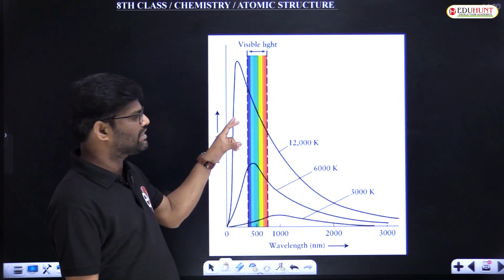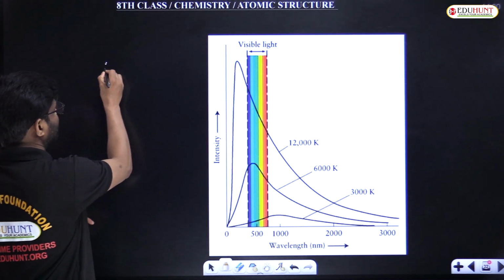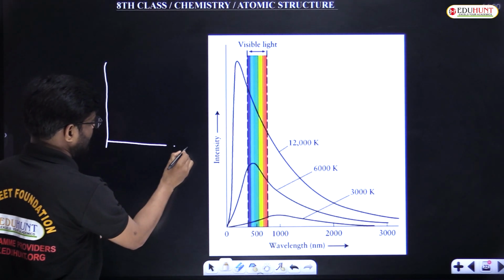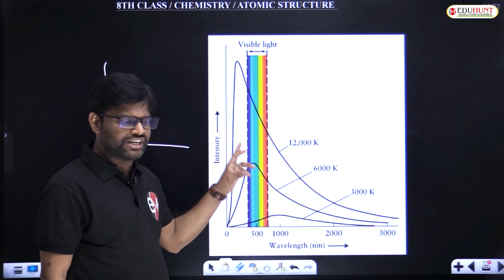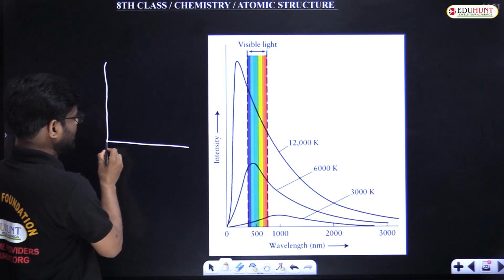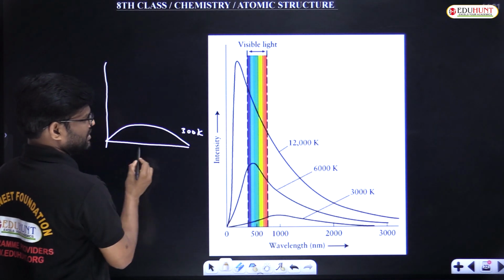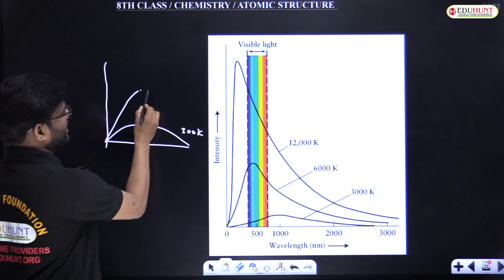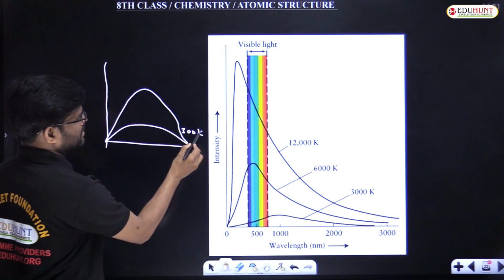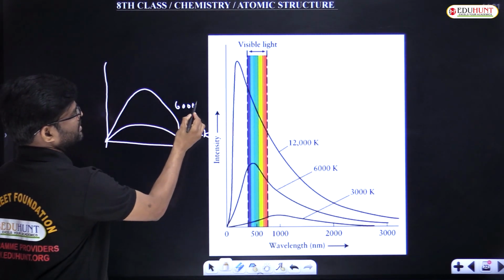The brightness of the graph increases. The first graph will be like this at 3000 Kelvin. The second graph will be like this, and this is 6000 Kelvin.